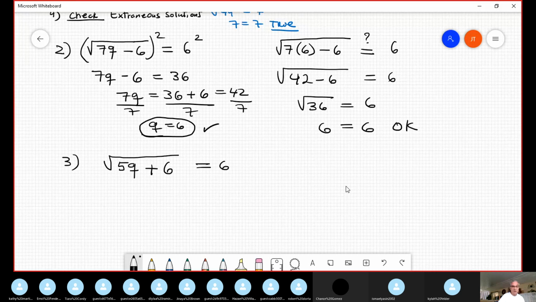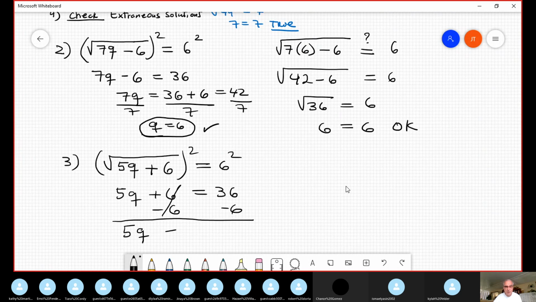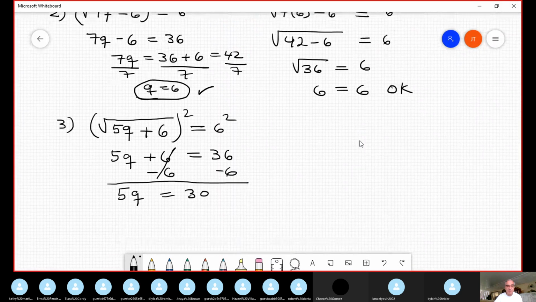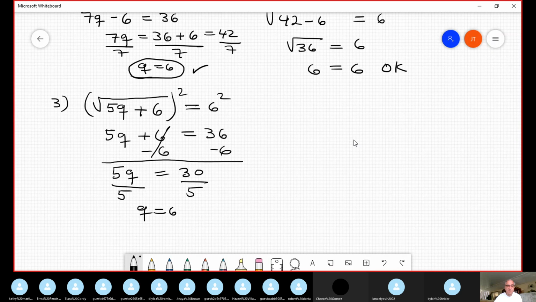Okay, number 3, again, similar, you square both sides. 5q plus 6 equals 36. Subtracting 6, 5q equals 30. And divided by 5, both sides. q is 6. Now the checking part, mandatory.